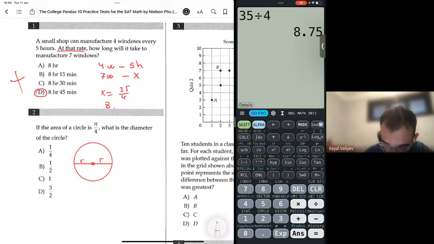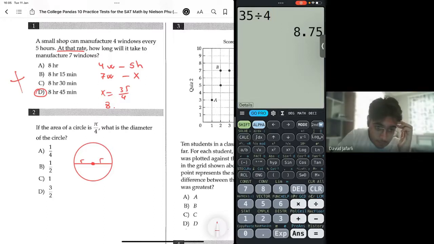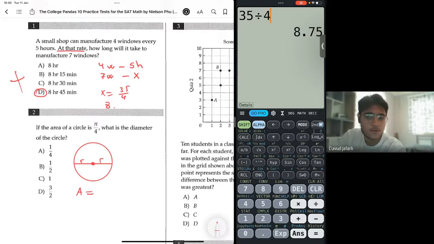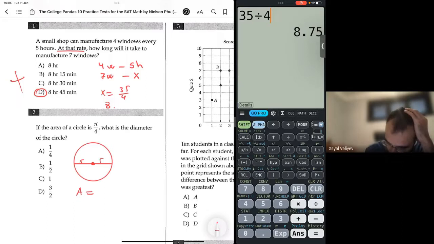If we know r, we will be able to find the diameter. The formula for the area of a circle is pi r squared, which is given as pi out of 4 equals pi r squared.